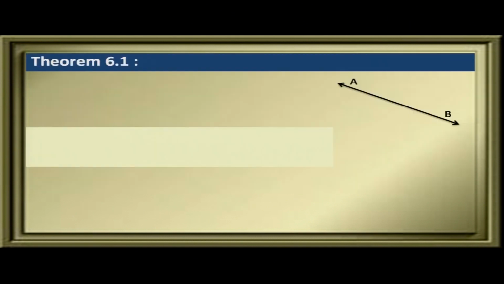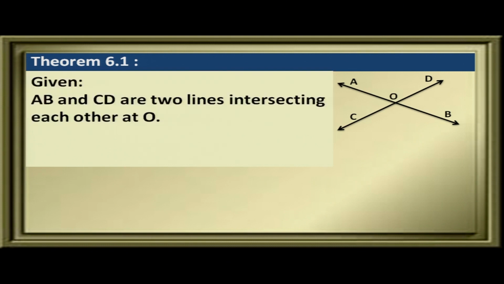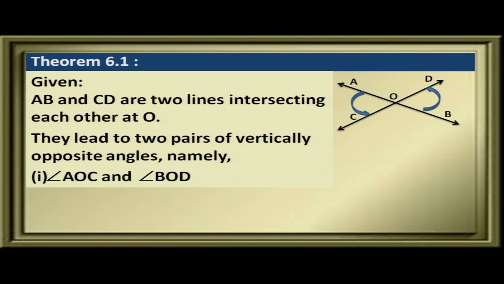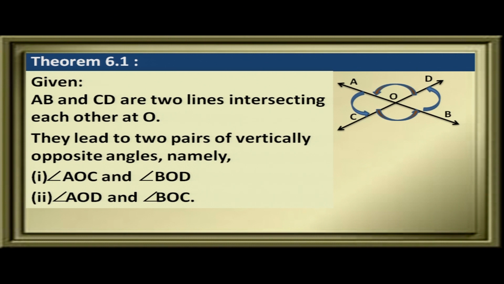AB is a straight line, CD is another straight line which intersects it at O. So, they lead to two pairs of vertically opposite angles, namely angle AOC and angle BOD, and the second pair is angle AOD and angle BOC.